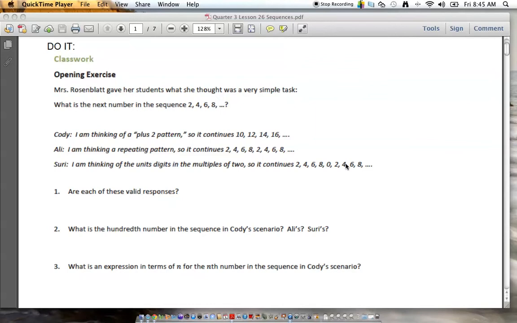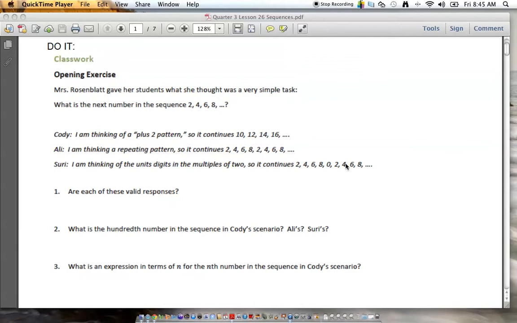Yeah, absolutely. What is the 100th number in Cody's sequence? I think it's 200, because each time you multiply by 2. The first one times 2, the second one times 2. What's the 100th number in Cody's sequence? Oh, I'm sorry.